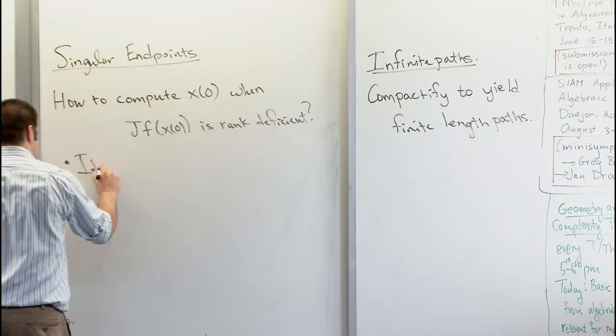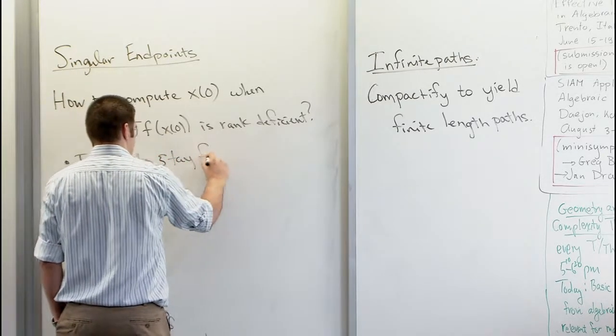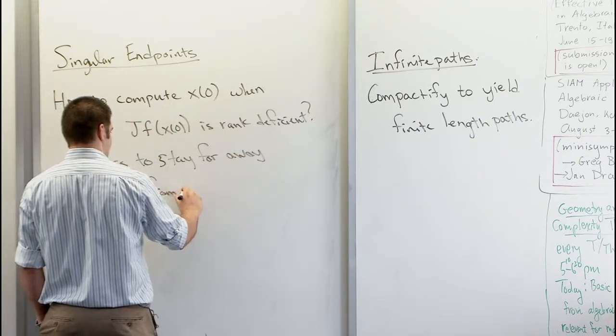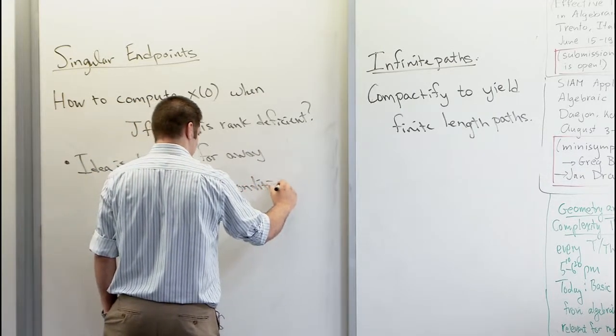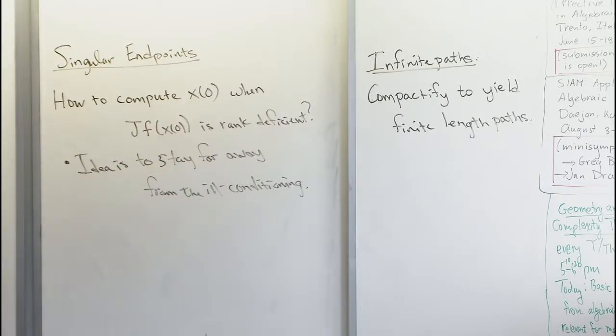And the idea is to stay far away from the ill condition. It's only singular exactly at t equal to 0. So if my t is positive, I'm in a nice, well-conditioned region, except in the middle.